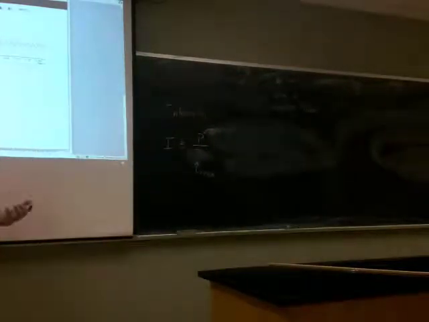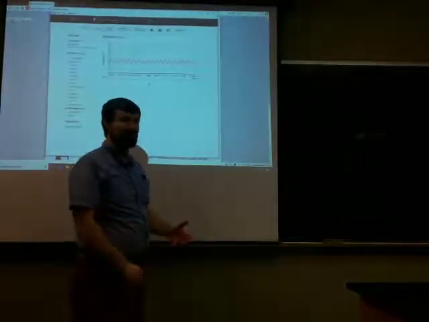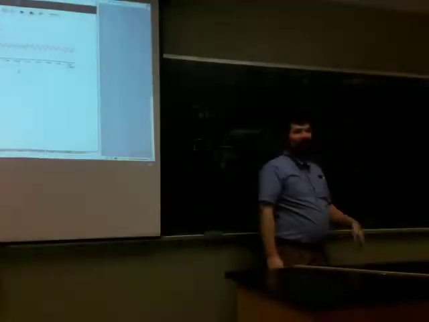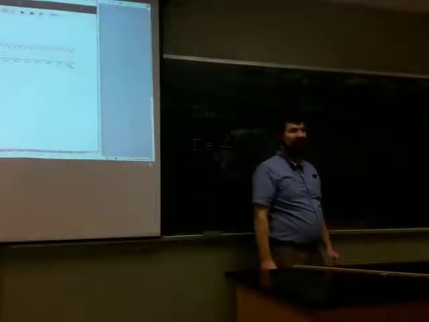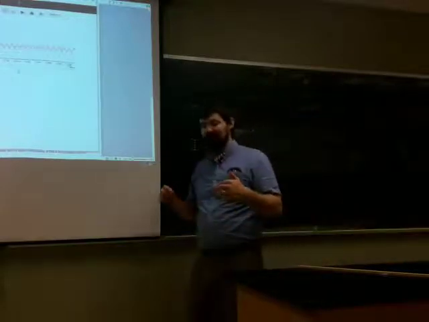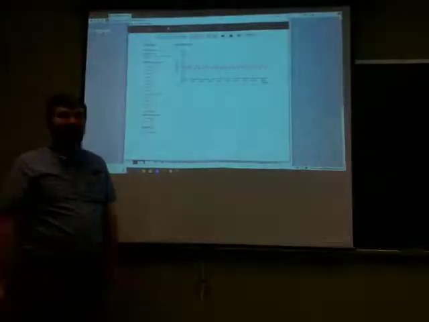Why psi max? Because when I introduced waves, I showed you the arbitrary equation for a wave could be psi equals psi max times the sine of something. Psi is just your arbitrary term for what is creating the wave.